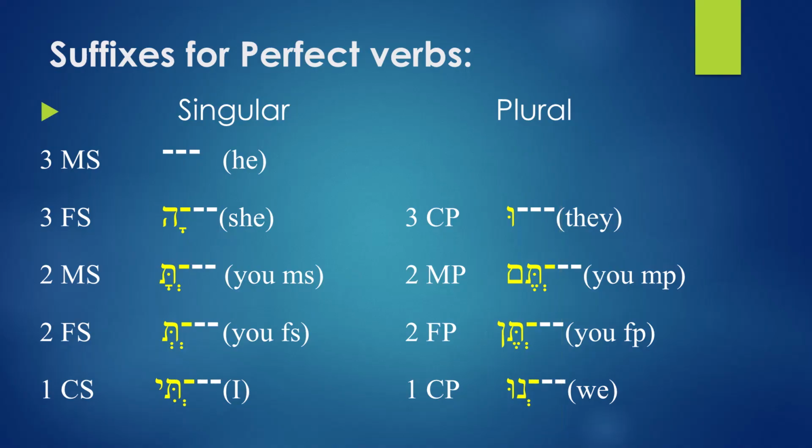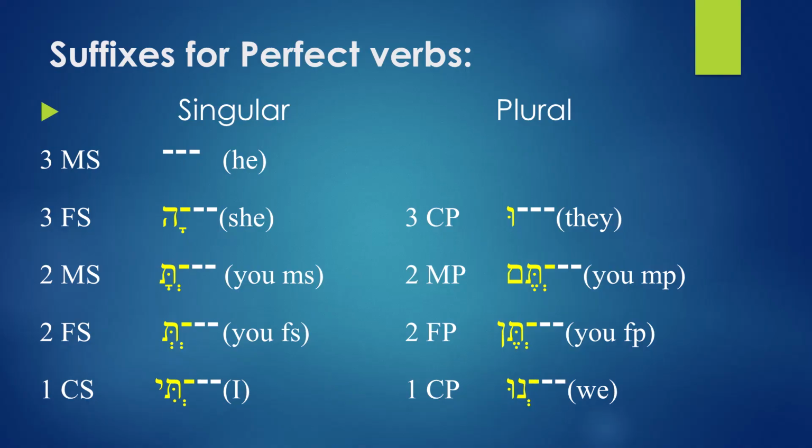So singular, you have dash, a, ta, te, ti. Then you have o, tem, ten, nu. So you can use that to know the suffixes. In Hebrew, you use whatever you have to use to know the suffixes or the paradigms.